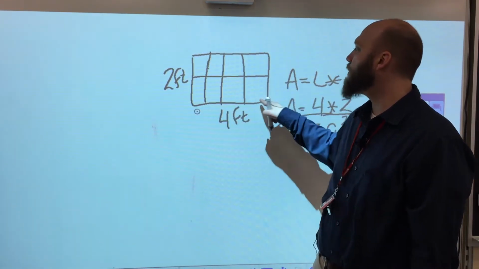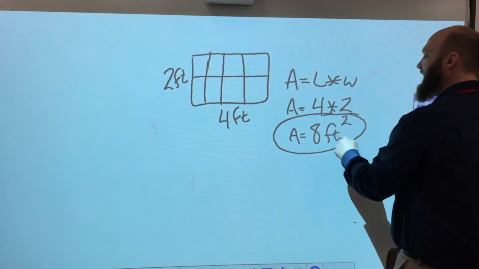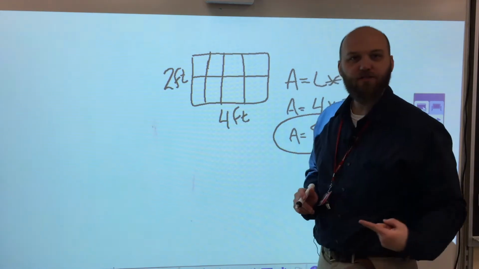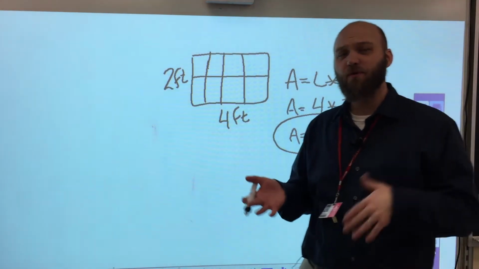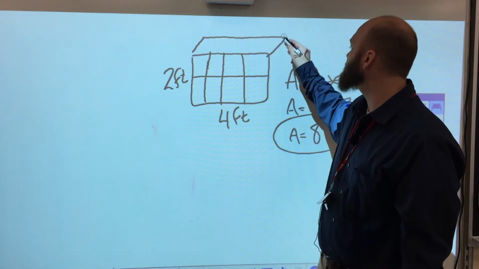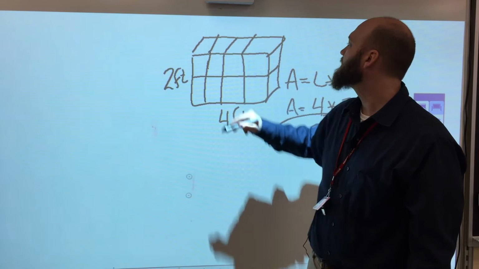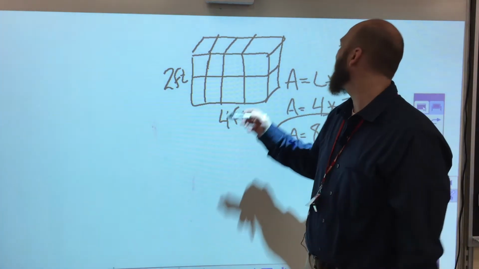And you'll see I have 4 by 2, which makes 1, 2, 3, 4, 5, 6, 7, 8, 8 squares. Take that one step further, and if I'm moving beyond area into volume, I add another dimension.